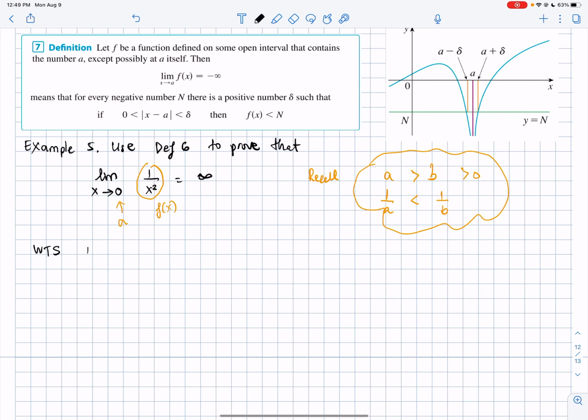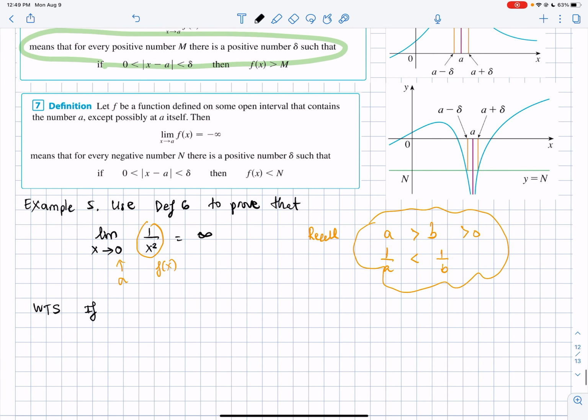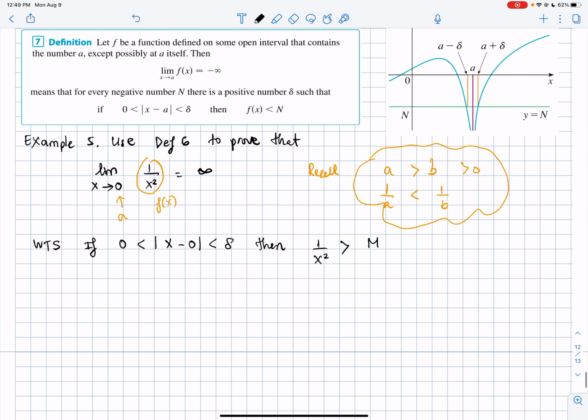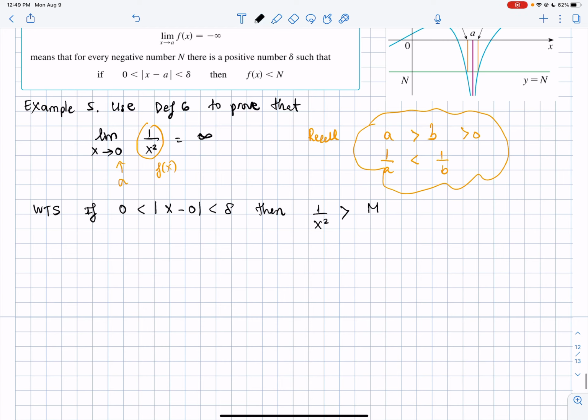So we want to show that if 0 is less than the distance from x to a, so a is 0, less than delta, then the function f of x, which is 1 over x squared, is greater than M. We begin from this, and our goal is to get absolute value of x less than delta.